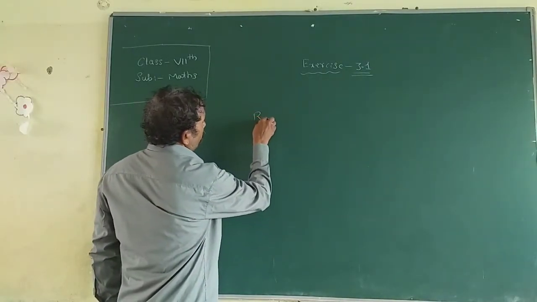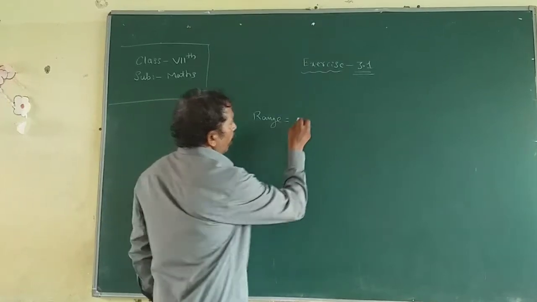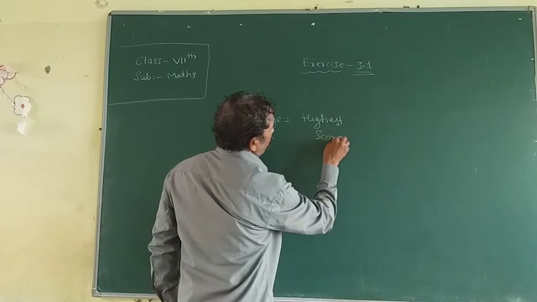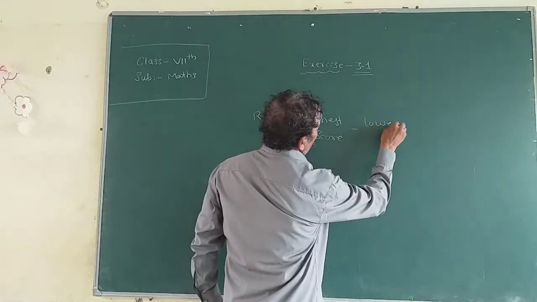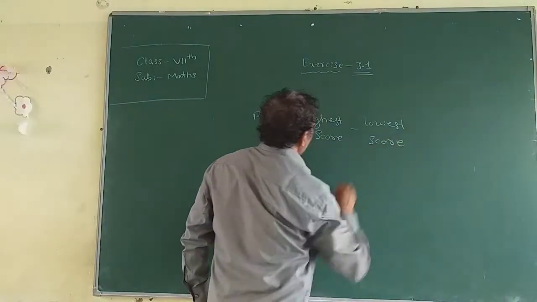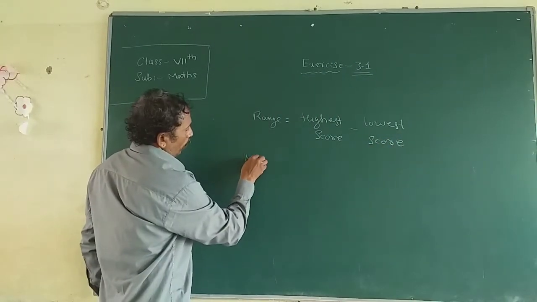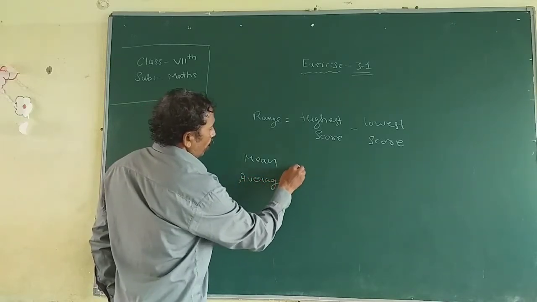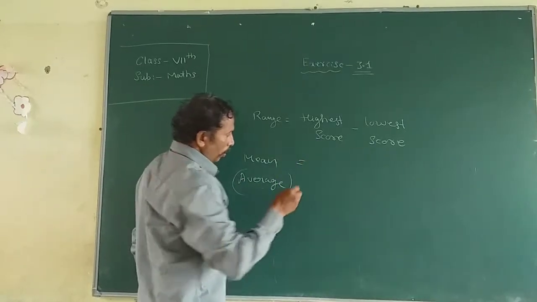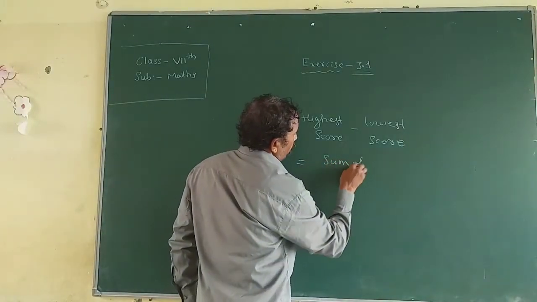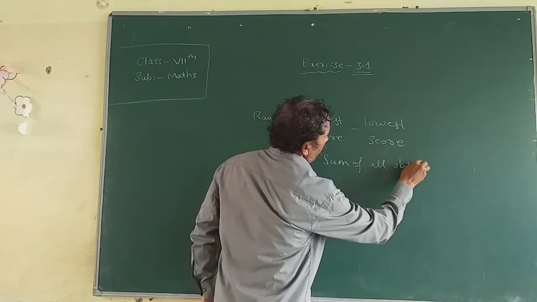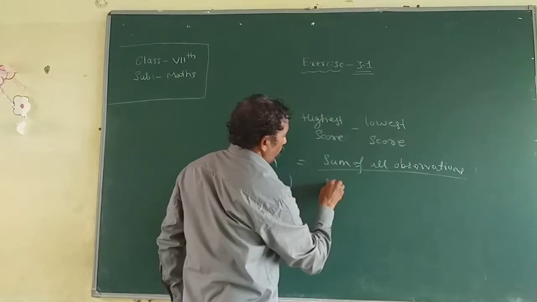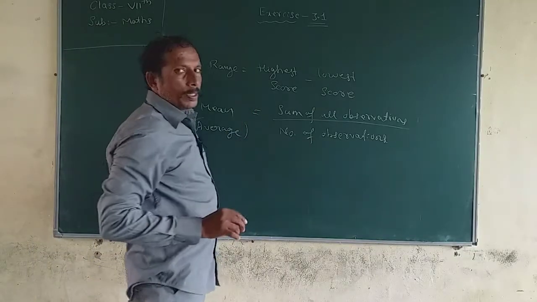Now, range is equal to highest score minus lowest score, and mean or average is equal to sum of all observations divided by the number of observations. This is the formula to find the range.